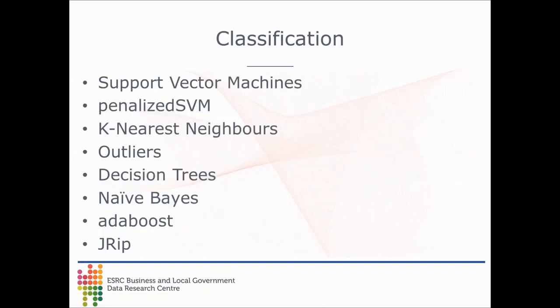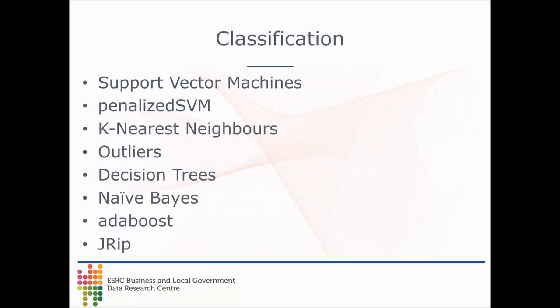Now, probably the next thing to be looking at is classification. There are a number of classification models that are available within other toolkits, such as machine learning within Java. But within R, these are probably the most common ones, about 8.